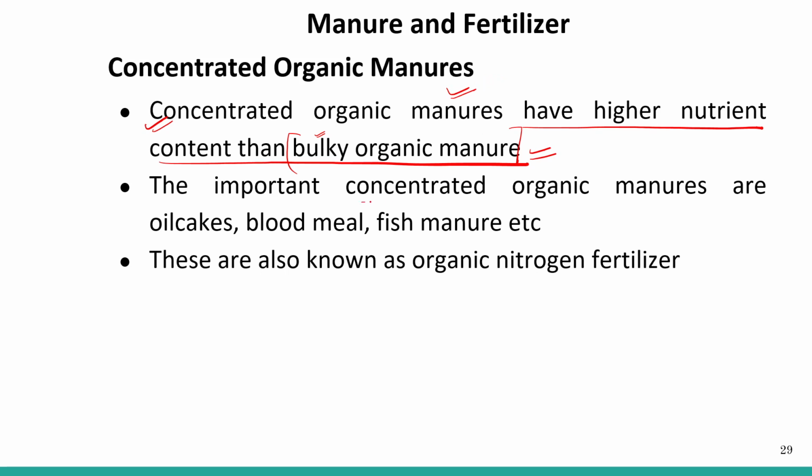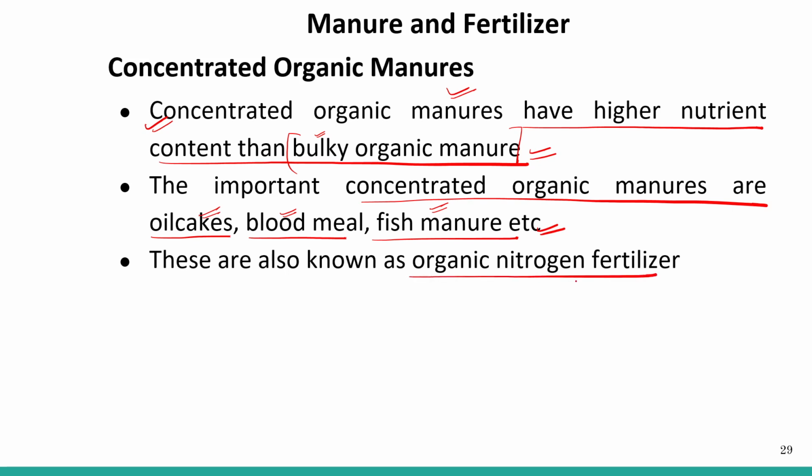The important concentrated organic manures are oil cakes, blood meal, fish manure, etc. These can also be used as they contain a lot of nutrients. They are also known as organic nitrogen fertilizers: oil cakes, blood meal, fish manure. These wastes are the source of concentrated organic manure.